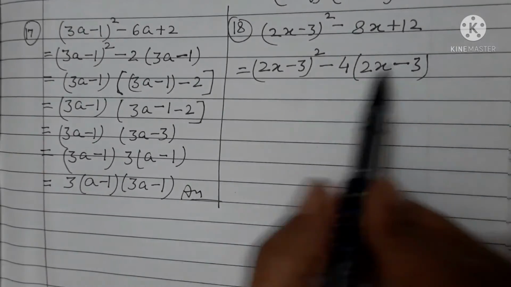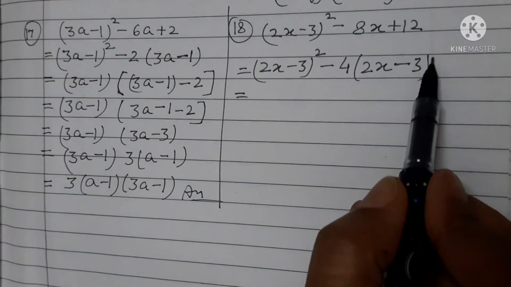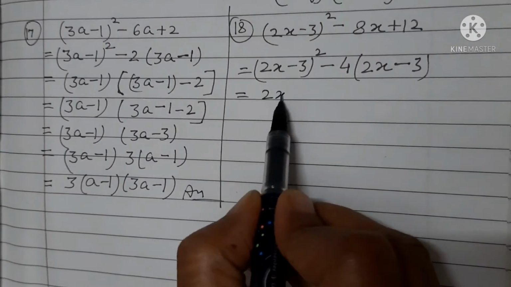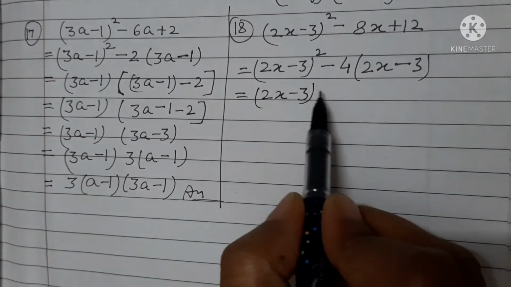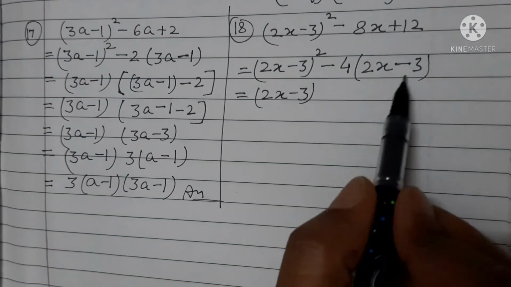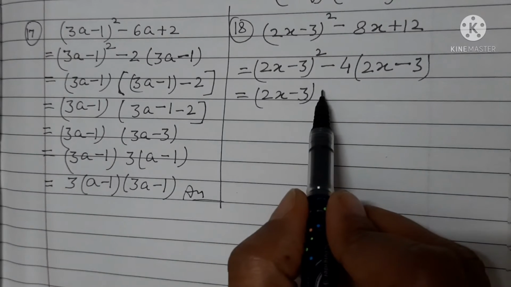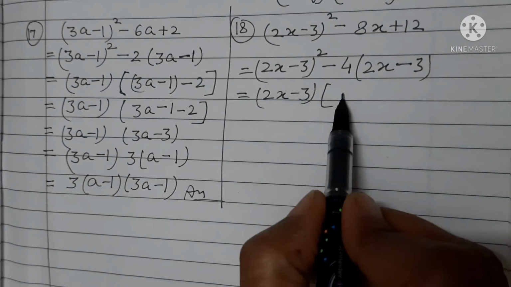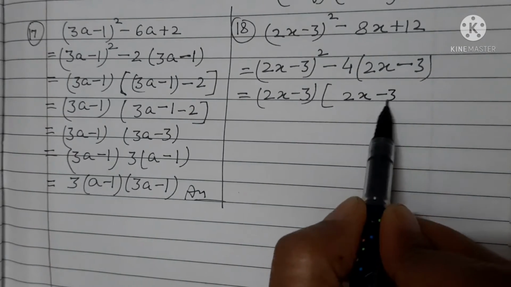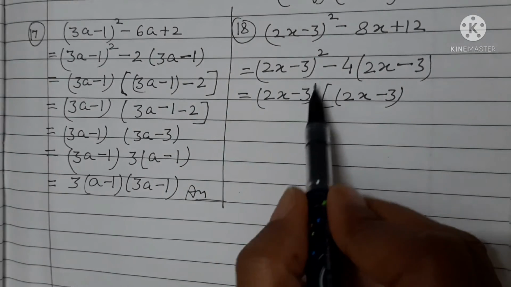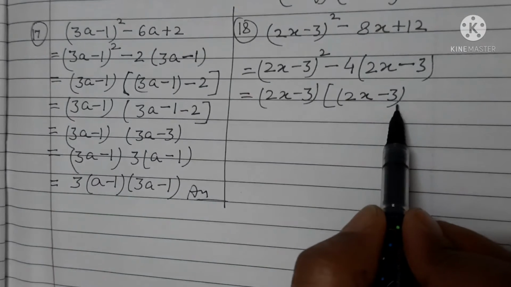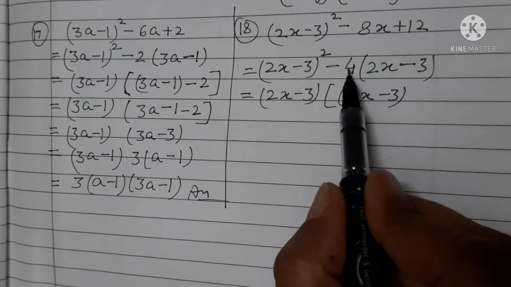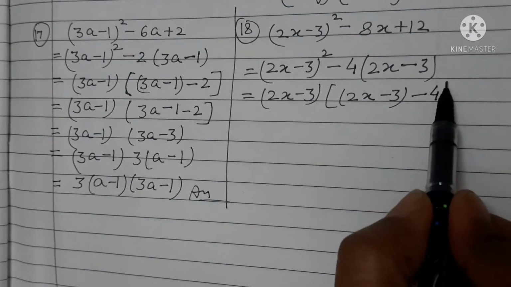Now these are the same, and here power 1, so take 2x minus 3, this is the lower degree, so you can take 2x minus 3 common, and inside the bracket 2x minus 3, as this is whole square, so one power you have taken out, 2x minus 3, and in this term only 4 remains here.